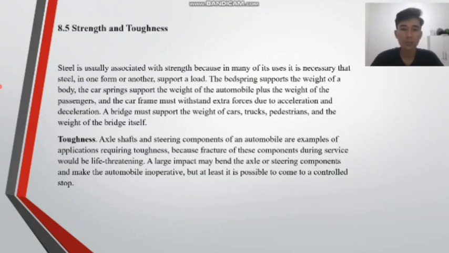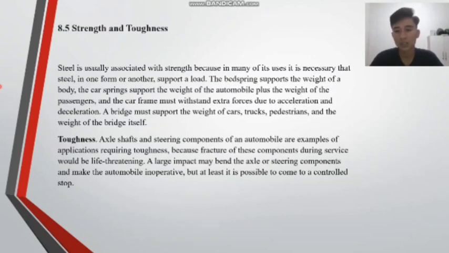The bed spring supports the weight of a body, the car springs support the weight of the automobile plus the weight of the passengers, and the car frame must withstand extra forces due to acceleration and deceleration. A bridge must support the weight of cars, trucks, pedestrians, and the weight of the bridge itself.